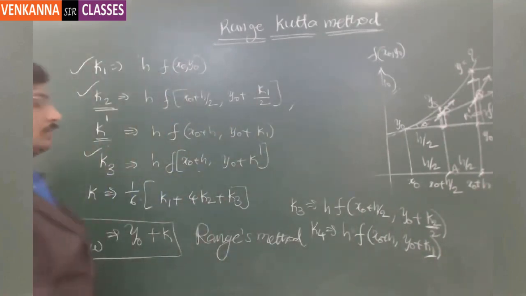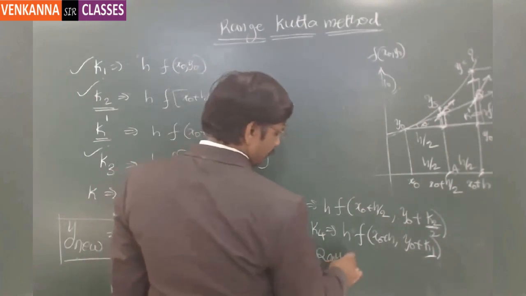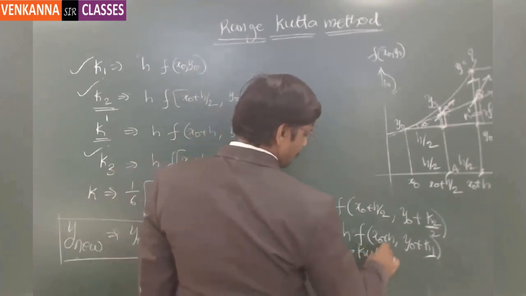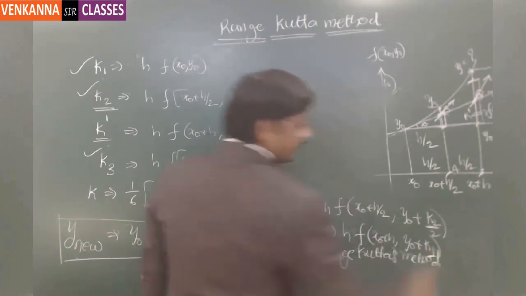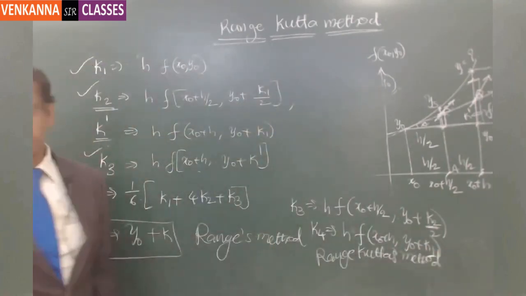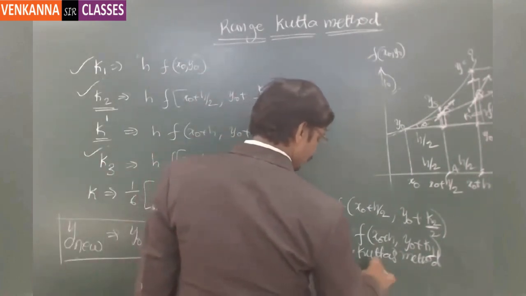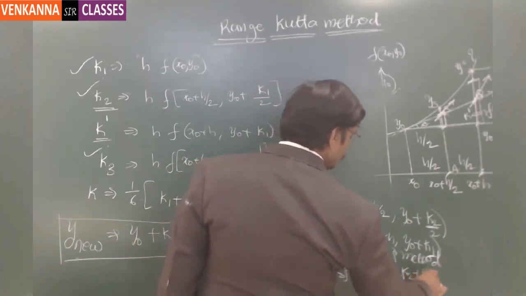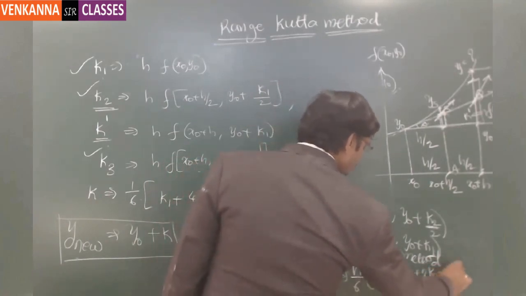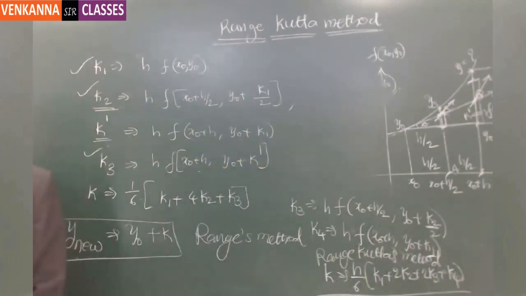And then with the help of Simpson's one-third rule, in Runge-Kutta's method, this is the weighted average of all these values. So this k is equal to h by 6 times of k1 plus 2k2 plus 2k3 plus k4. So this is Runge-Kutta's method. Got it?